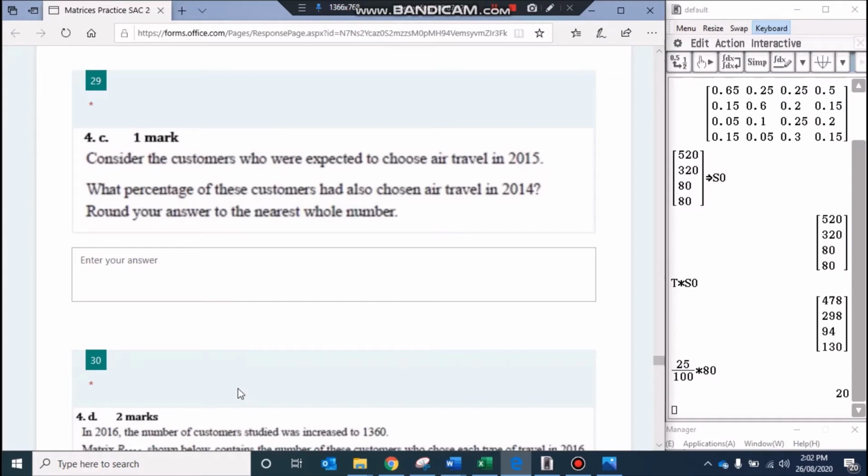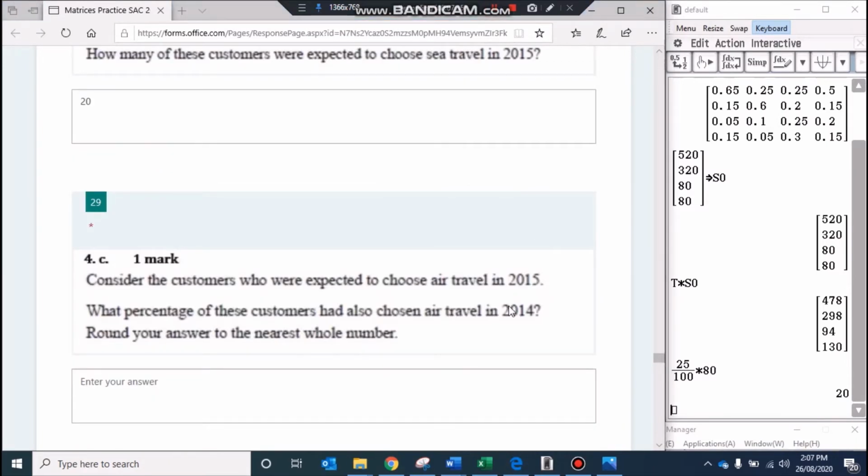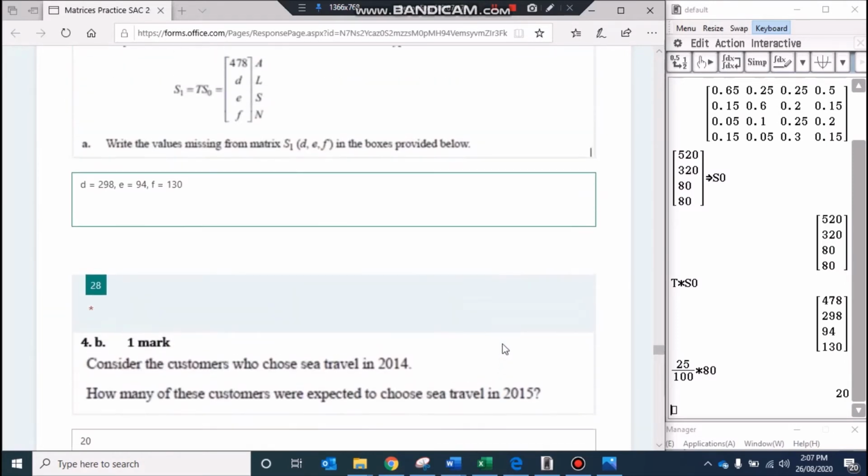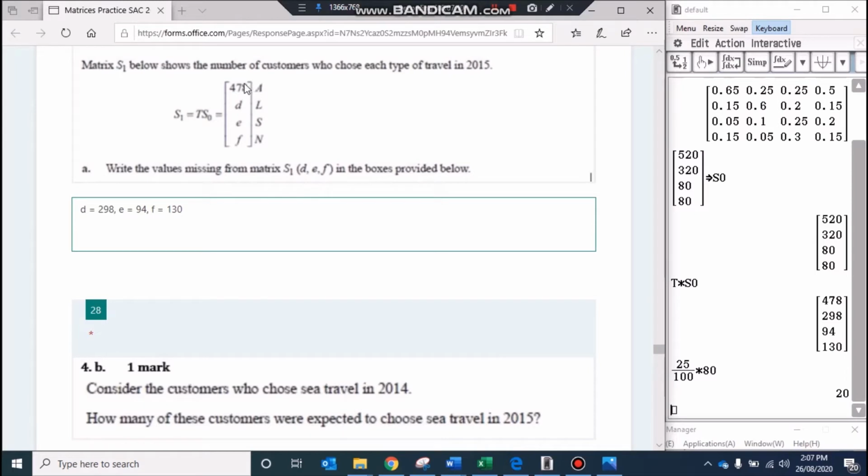Let's consider the customers who are expected to choose air travel in 2015. What percentage of these customers also had chosen air travel in 2014? This is a bit of a two-part question. What it's saying is, what percentage of these customers had also chosen air travel in 2014? So what we've got is, in 2015, there were 478 people who chose air travel.